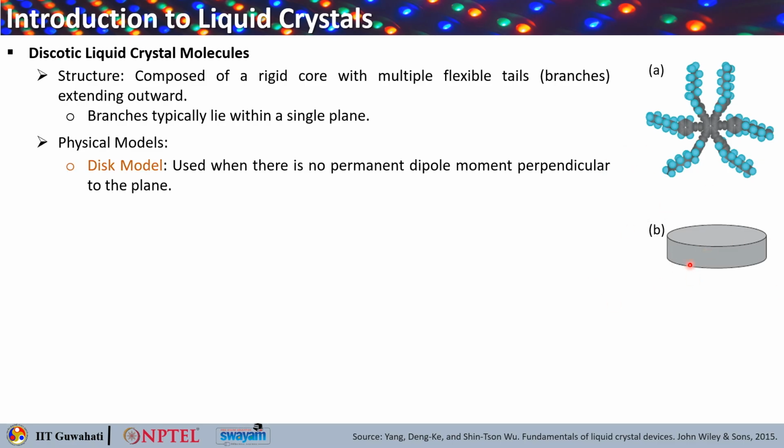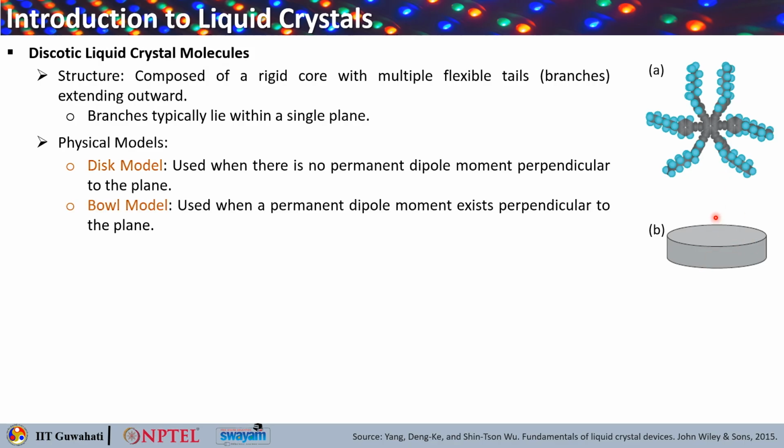So, that is how you can do a physical model of this structure using a disc, and there is no permanent dipole moment perpendicular to the plane. You can also use another model called a bowl model when there is a permanent dipole moment that exists perpendicular to the plane.